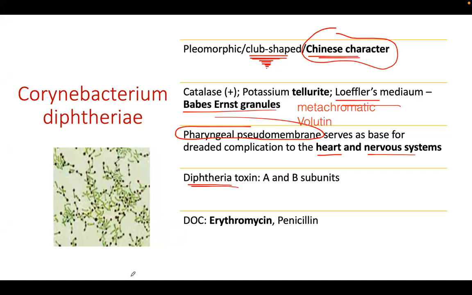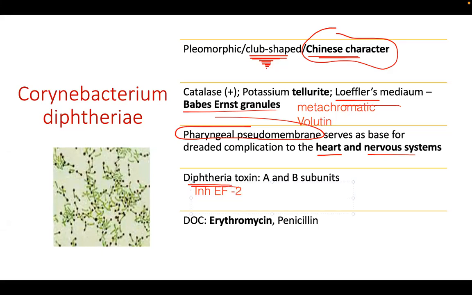Now, what is so unique about the diphtheria toxin and the inhibition of protein synthesis? Okay. What is very important and unique? Okay, so we basically have what we call the inhibition of elongation factor 2.